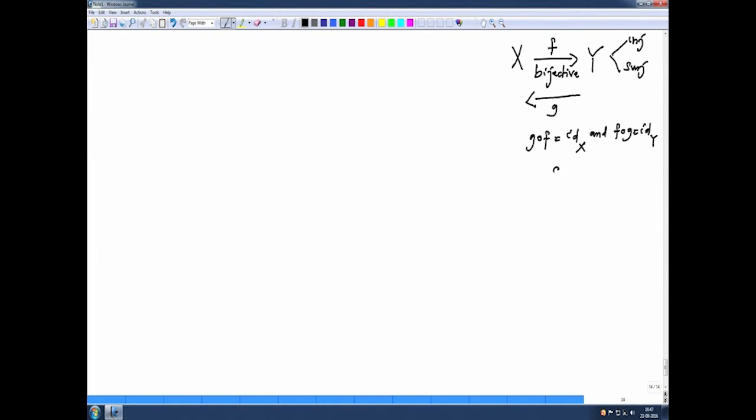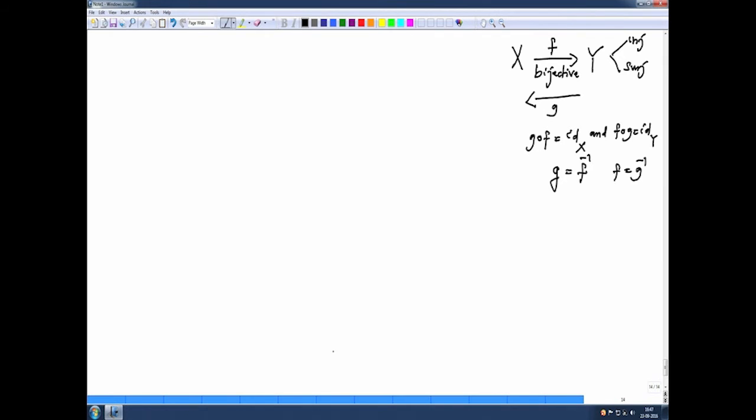So, G will be the inverse of F, or F is the inverse of G. Sometimes it is easy to write down the formula for G, but sometimes it may not be easy, and it is always better to give a formula that will give you algorithmic proofs.